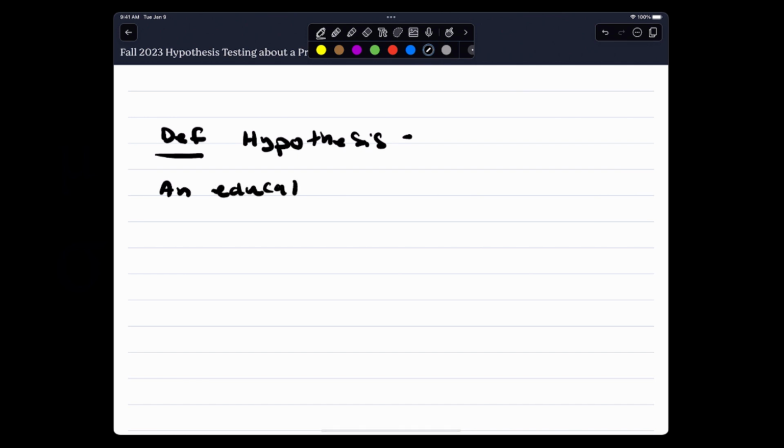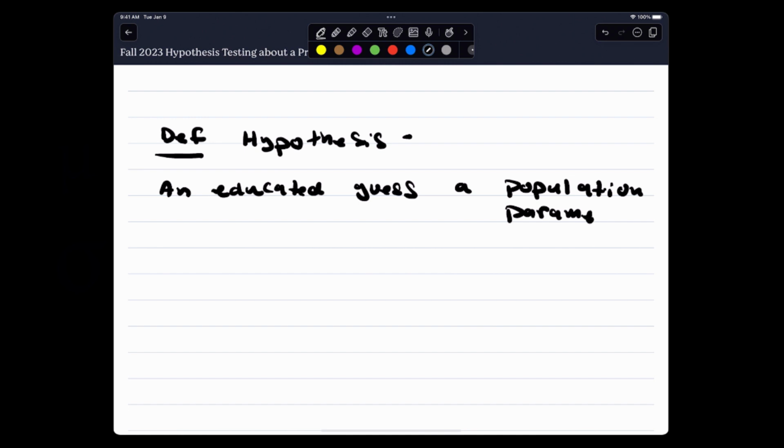It's an educated what? Guess. So in English, a hypothesis is known as an educated guess. An educated guess about what? In statistics, this course, it's an educated guess about a population parameter.